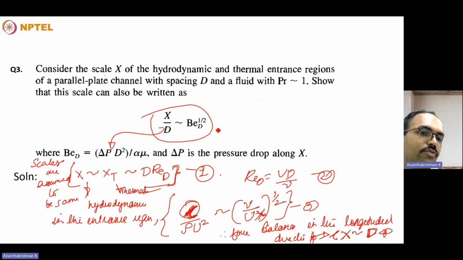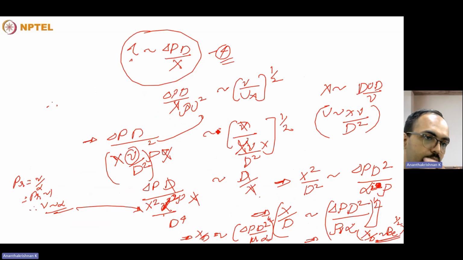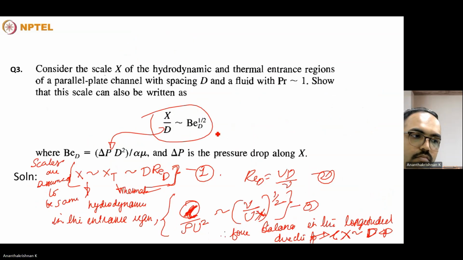For that, we use the scaling equation for the shear stress and the entrance length in terms of the diameter and the Reynolds number, and using that and removing u in terms of Reynolds number and everything else, we can scale the entrance length to the diameter as the root of the Bejan number.